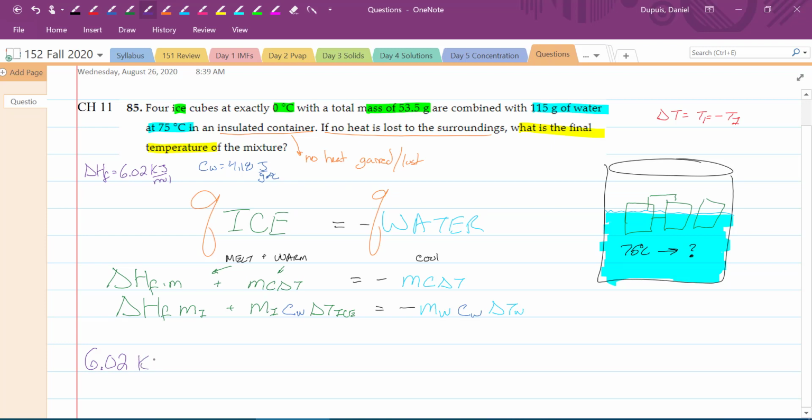6.02 kilojoules per mole, we have 53.5 grams, times 4.18 joules per gram degrees Celsius, and delta T would be the final temperature minus the initial temperature of 0. Ice is always at 0, right, if it's in water. We don't know T_F, the final temperature.